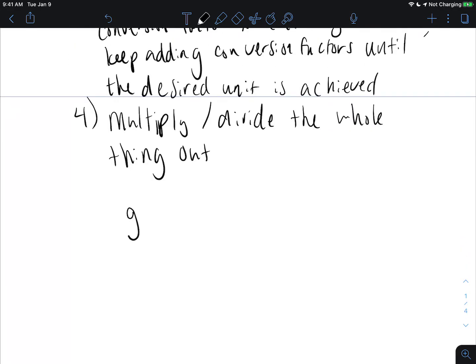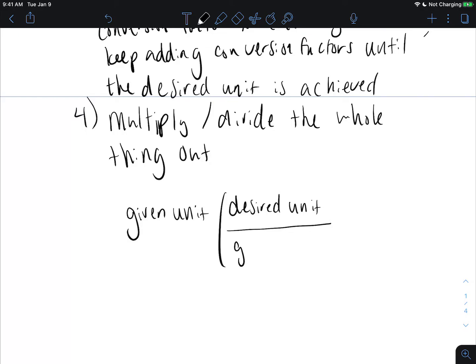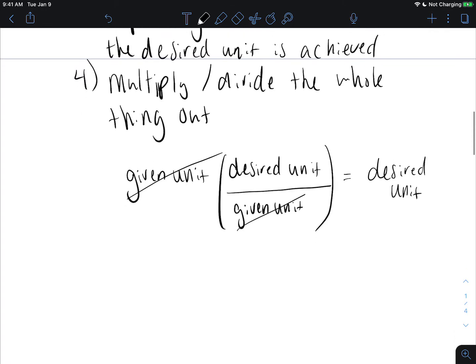In general, what this would look like is we'd have our given unit, so whatever our starting unit is, then we'd multiply it by our conversion factor. The given unit in our unit conversion would be on the opposite side of the ratio, so they can cancel out. And then our desired unit, make sure that it is on the right side of the ratio.